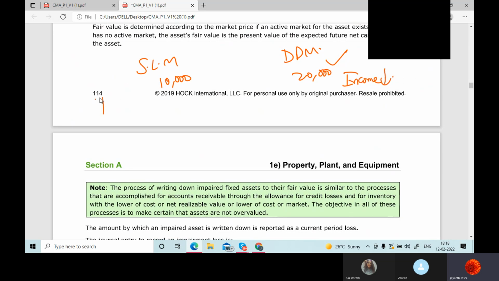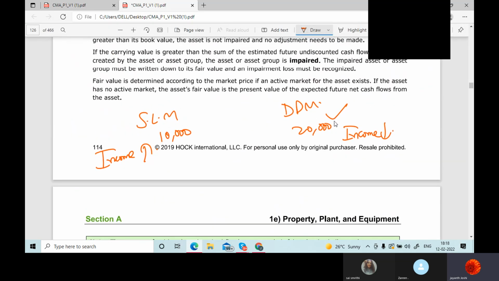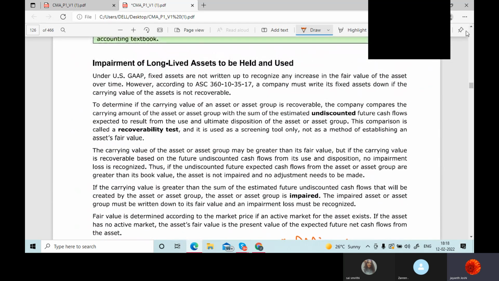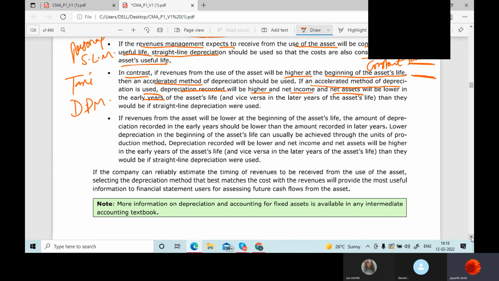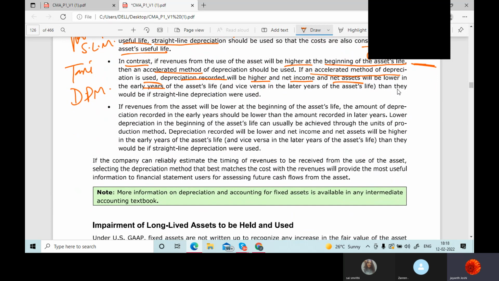Here my income would be high, because the higher the depreciation amount, the lower the income. The lower the depreciation amount, the higher the income, and vice versa, like they would be if straight line method would be used.